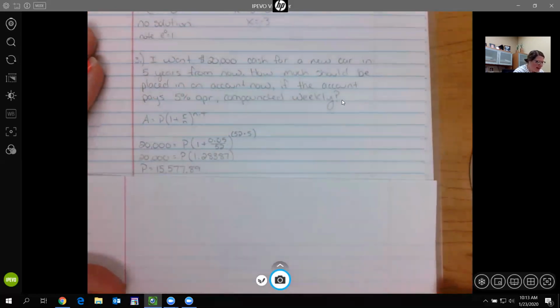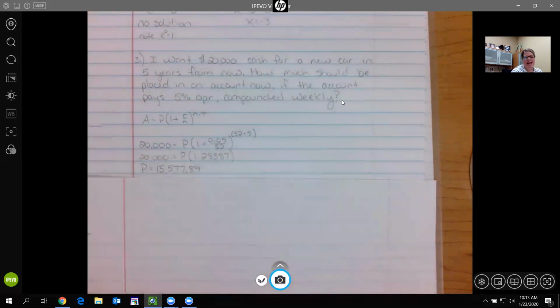So when I divide that 20,000 by the 1.28387, we're going to get $15,577.89. Okay, so I have to put about 15,000 in my account now to have 20,000 in 5 years. And that's pretty realistic. 5% is actually kind of high for an investment.